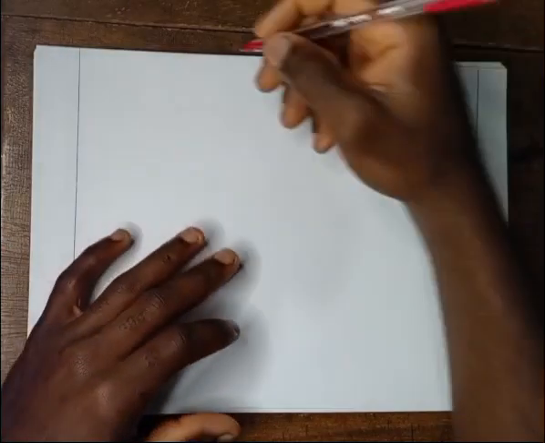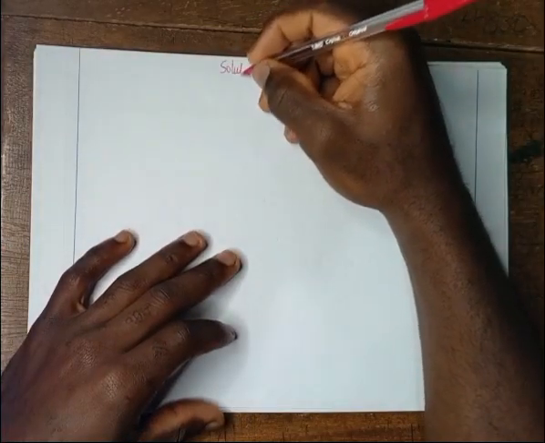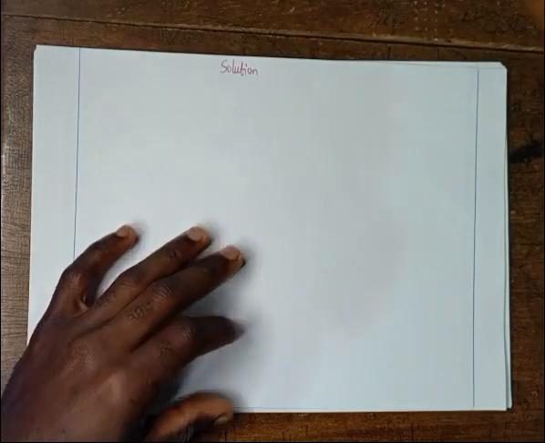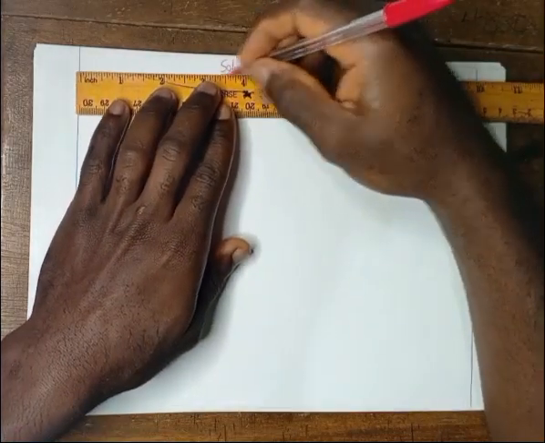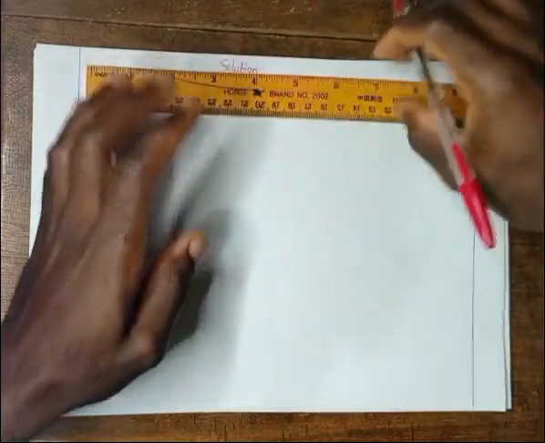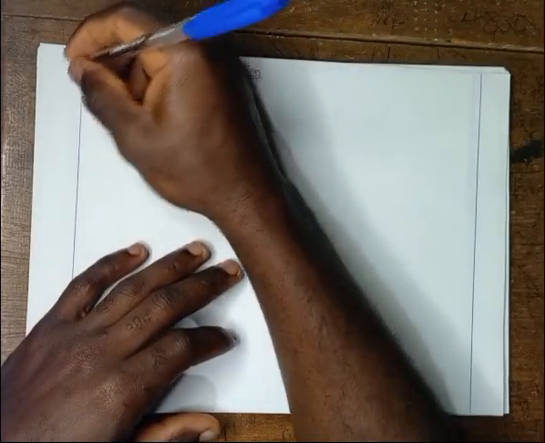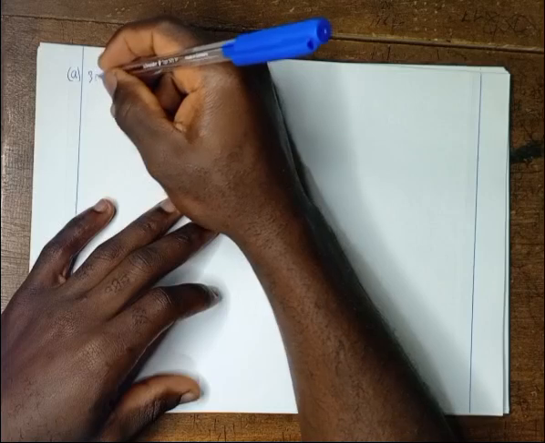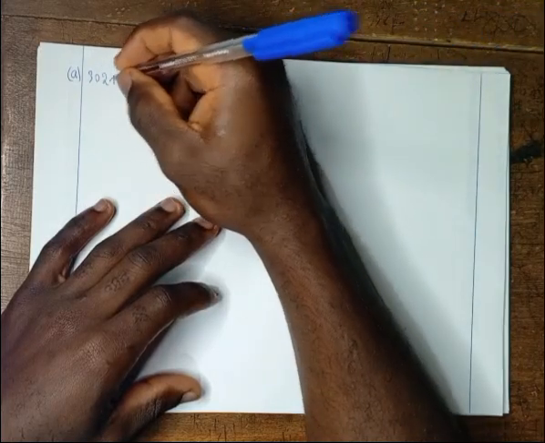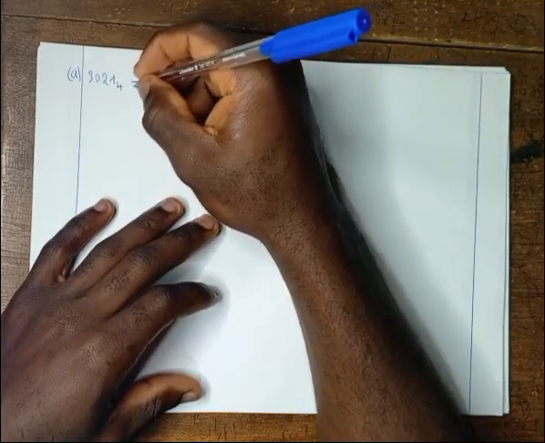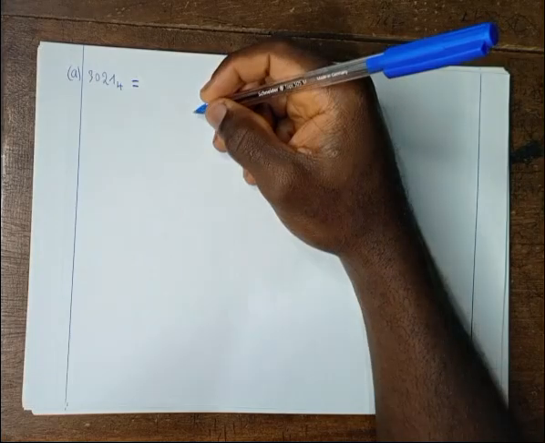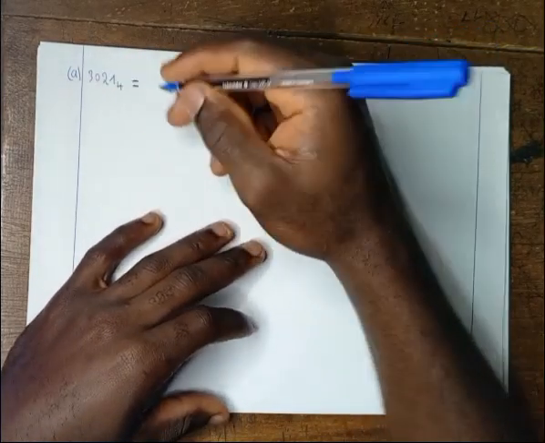Next, we are going to take down the solution. A, if we take A, we have the number 3021 base 4. For us to convert this number to base 10, we are simply going to expand this number in powers of 4.